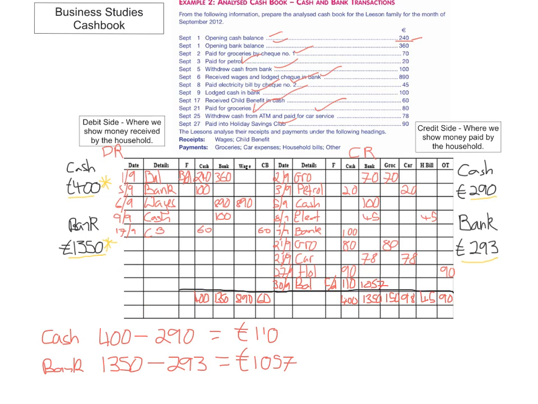The next month will be October, so I'll say the 1st of the 10th. I'll say balance BD brought down, and it will be 110 because that's what we added in. And for bank, it'll be 1,057.